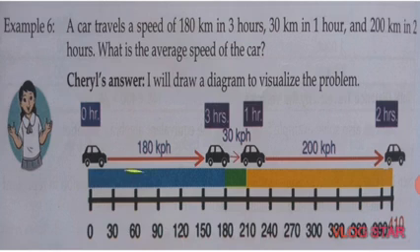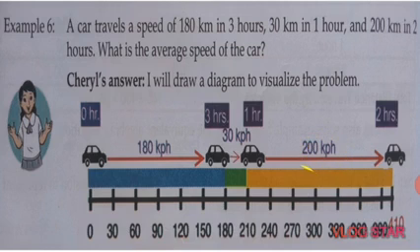So you can see in this figure, for the first 3 hours, 180 km per hour. So it means that 180 kilometers in 1 hour. In the second 1 hour, 30 kilometers per hour, and for the last 2 hours is 200 kilometers per hour.